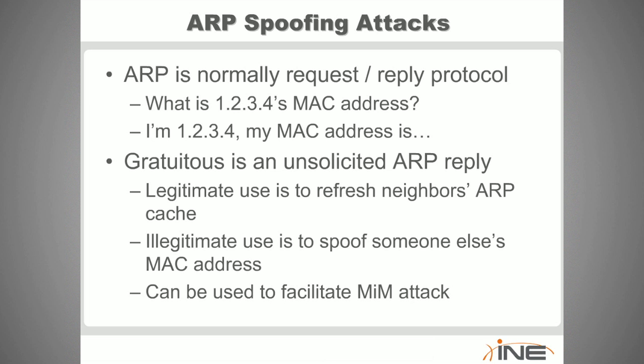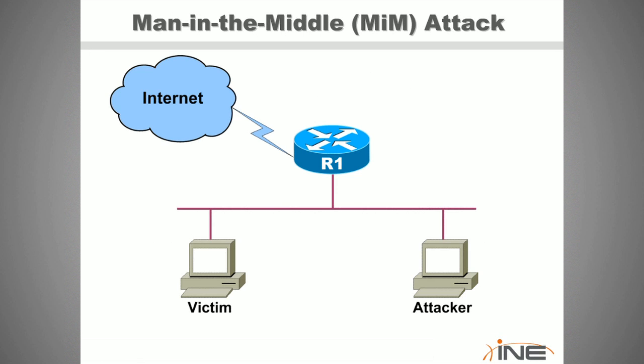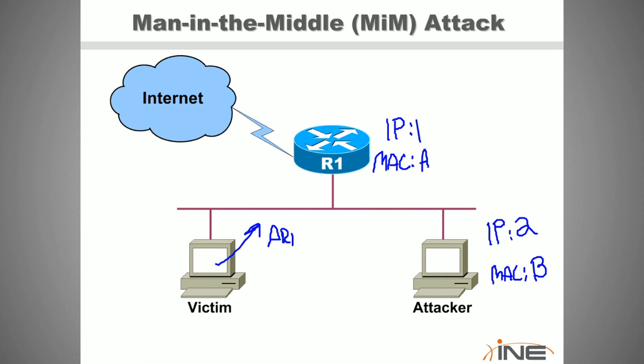So if we look at this from the diagram point of view, let's assume that router 1 has an IP address of 1, and a MAC address of A. The attacker has an IP address of 2 and a MAC address of B. So normally what's going to happen here is that the victim sends out the ARP request, and router 1 replies.